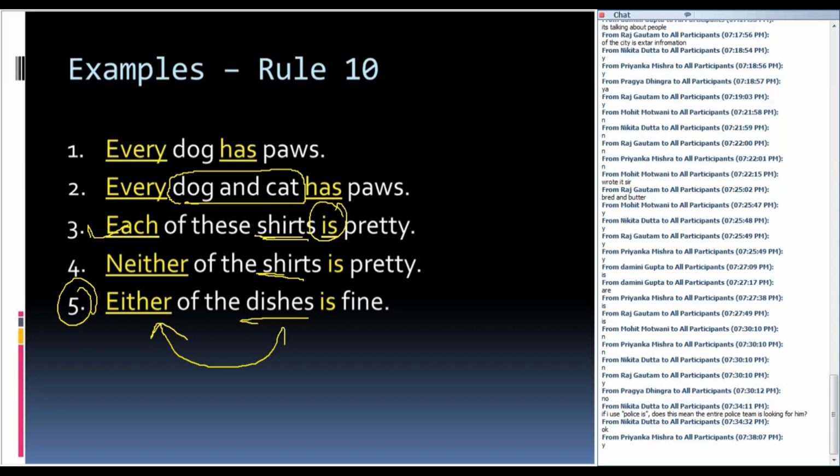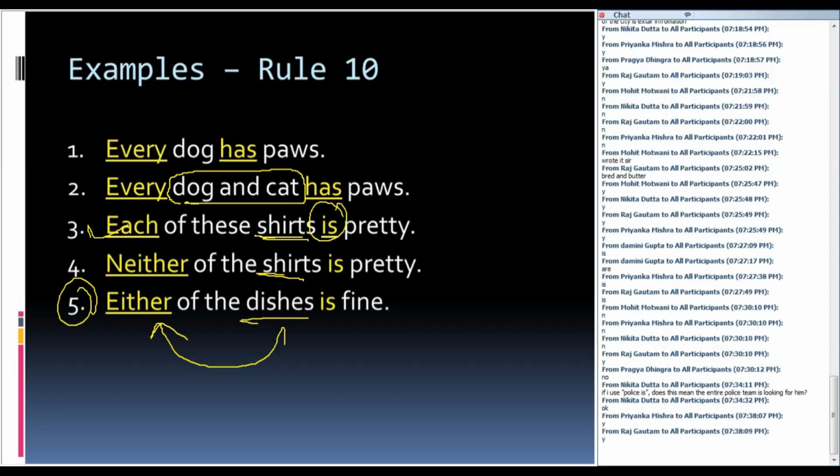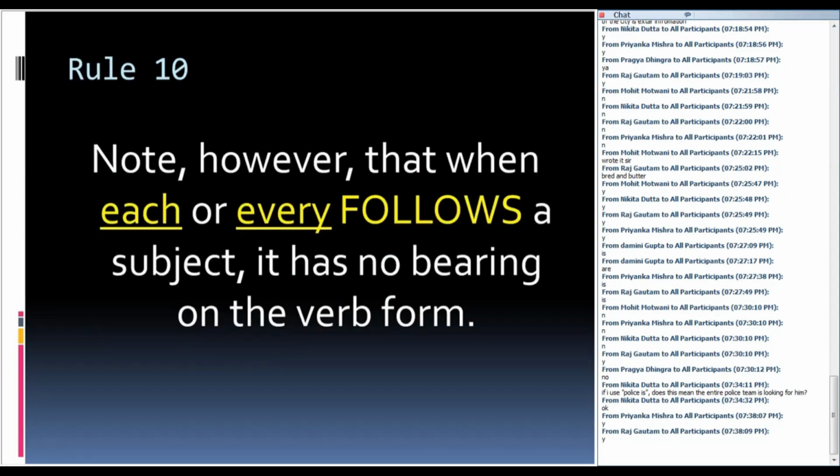Yeah? Okay. Now, remember that this rule is only applicable if these words come before the subject. They have to be before the subject. If they are after the subject, then these words have no impact. Please note that when these words follow a subject, then it has no bearing on the verb form.